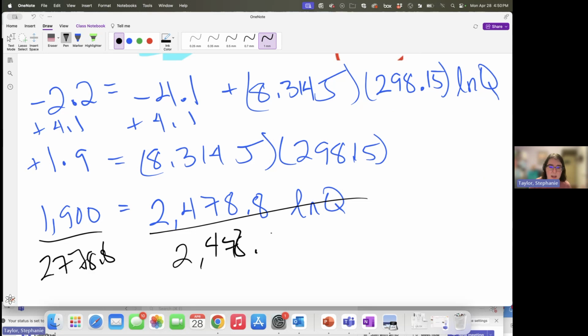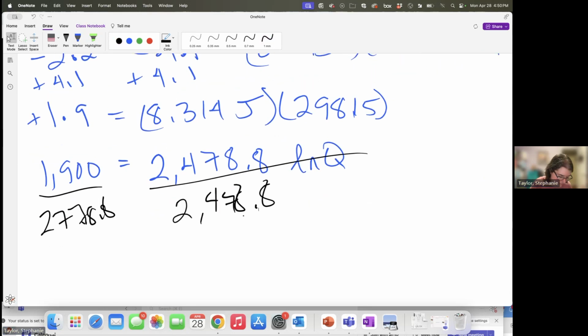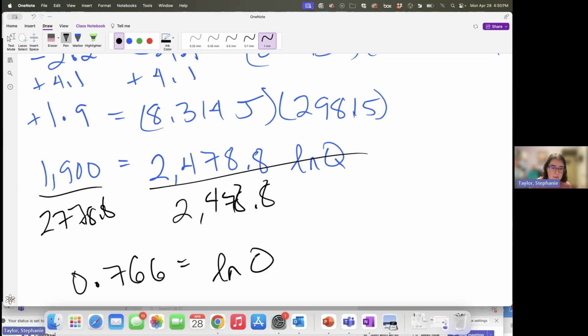God, my handwriting is getting bad. Sorry about that. So I get 0.766 is equal to the natural log of Q.